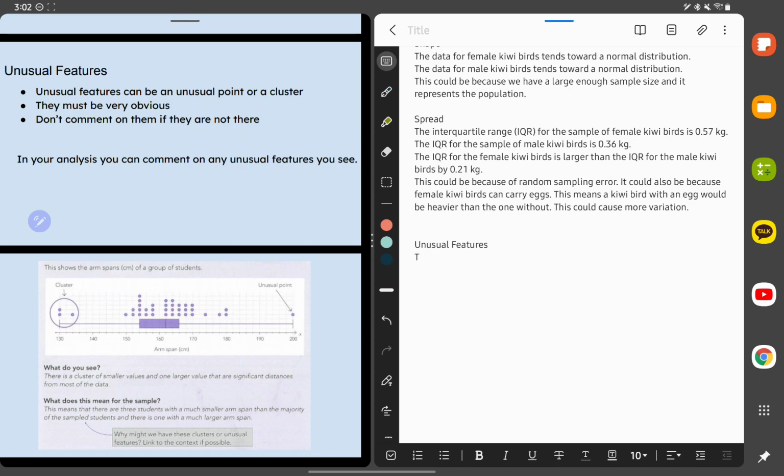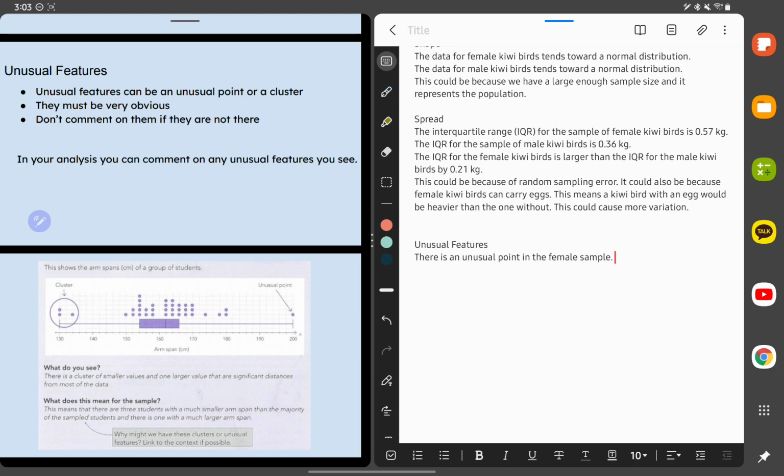Then I would say, there is an unusual point, or you could say a cluster, depends on what you have, but you say there's an unusual point in the, and then you say which group, right? It could be in the male sample, or you could say female sample, but in our imaginary scenario here, we're saying there's a really low unusual point in the female sample.